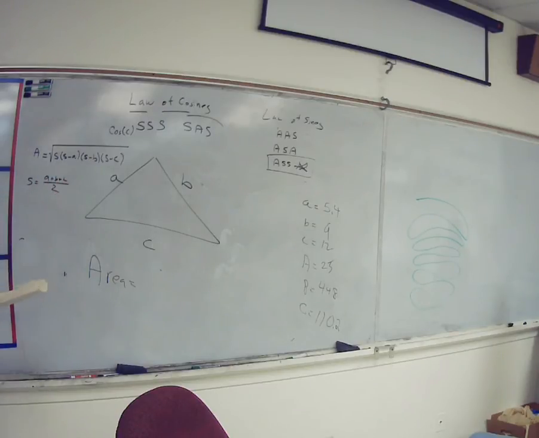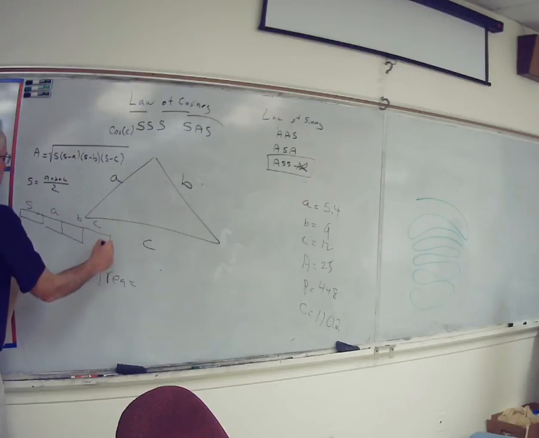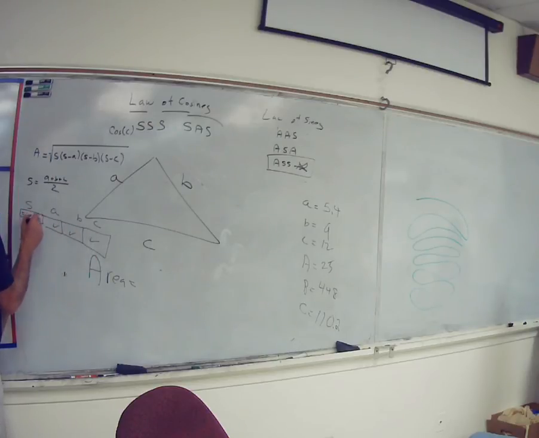If I were going to do this on homework, I would just put this into an Excel spreadsheet. I would say this is s, and this is a, b, and c. You put in a, b, and c, and then you say this is equal to that. So now Excel figures out s for you.